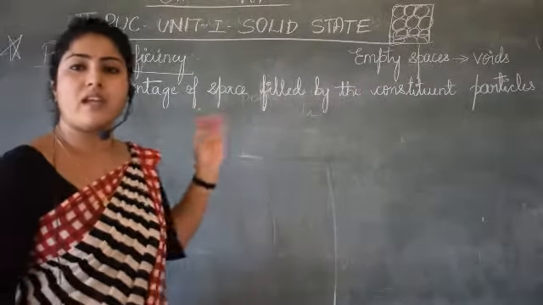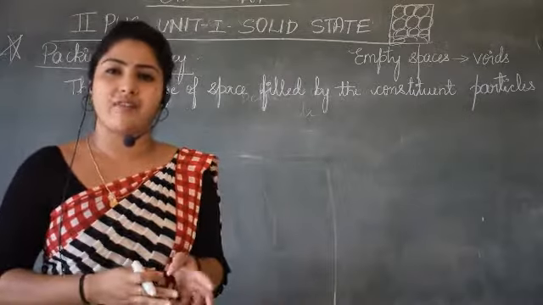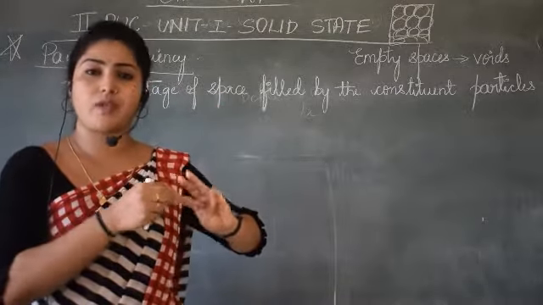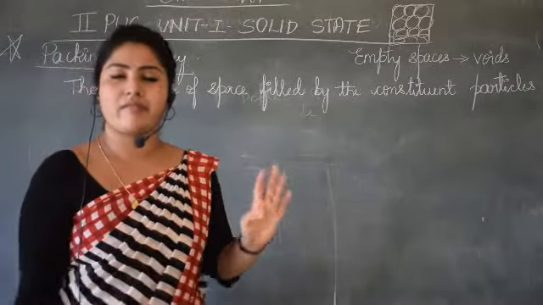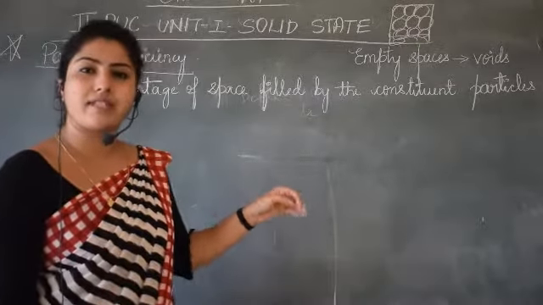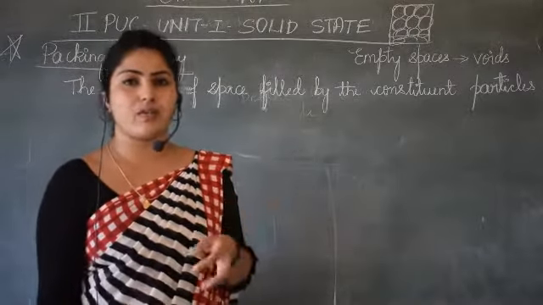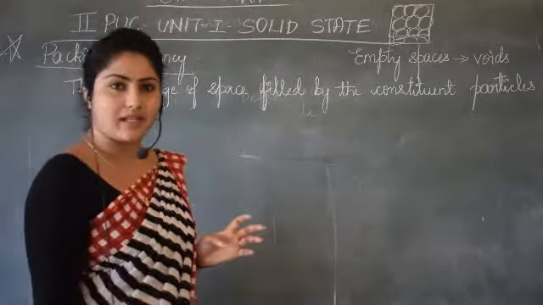Now we will compare the packing efficiency of these 3, simple cube, body centered cube and face centered cube, and then we will see in which type the packing has been done most efficiently.